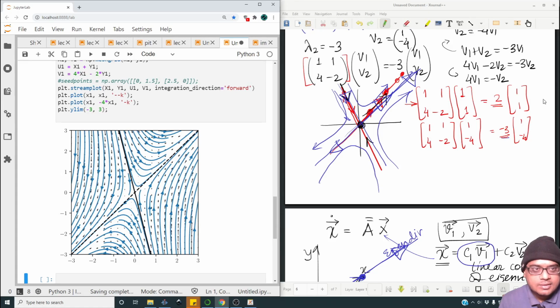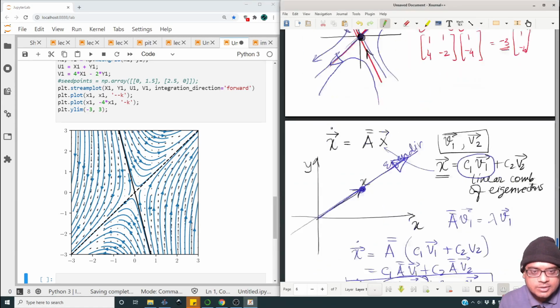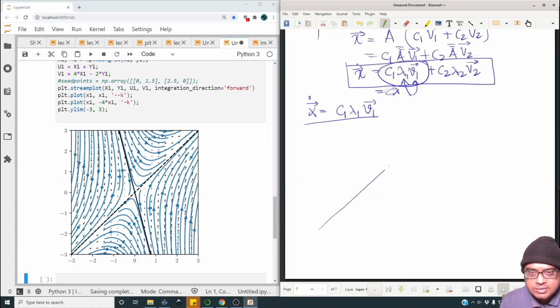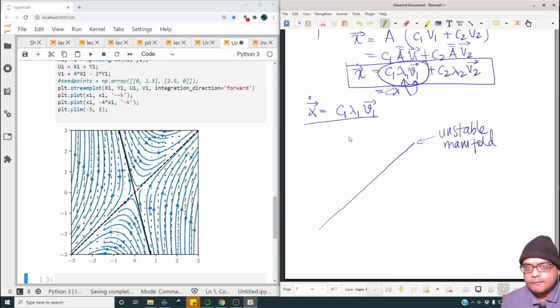In the language of nonlinear dynamics, the repelling direction is called the unstable manifold, while the attracting direction is called the stable manifold.